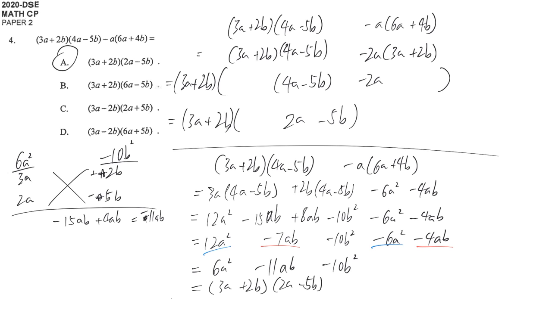If you use your calculator formula 1, then you get, for example, x. The calculator will give you x is equal to negative 2 over 3. Then you change it to 3x equal to negative 2 and 3x plus 2 equal to 0. But this case is talking about a and b, so we have 3a plus 2b. Another root will give you x is equal to 5 over 2.